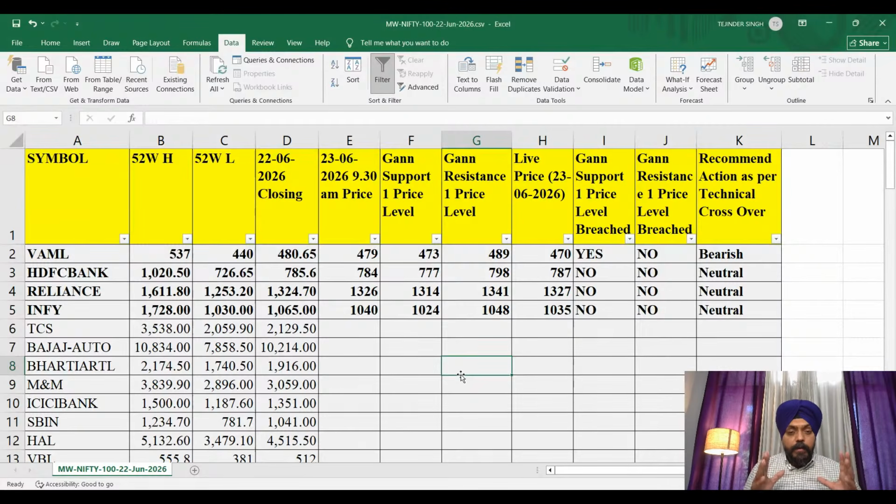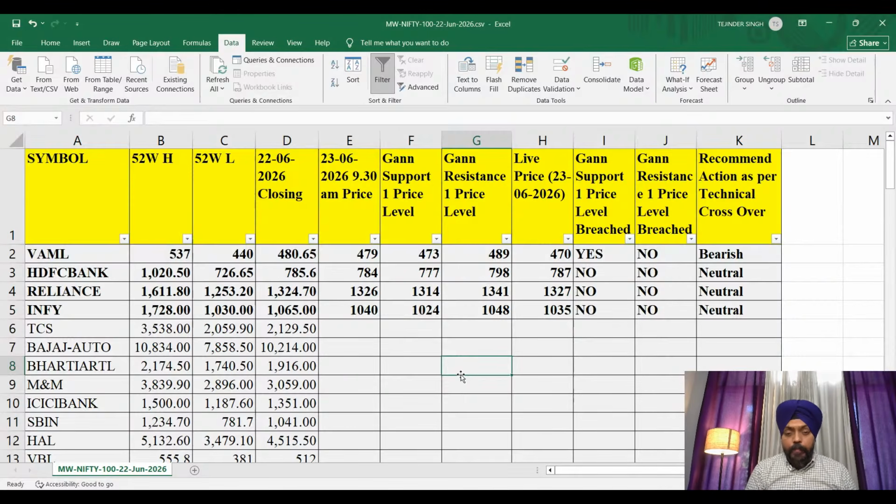Independently I am able to analyze my portfolio stocks using these indicators, whether it is Spider Software's Iris Plus product, the Delta Dash product, or the Gann square of 9. There are so many more indicators, you can use those also. But as per my back testing of this tool for the last 5 years, the accuracy is more than 90%.